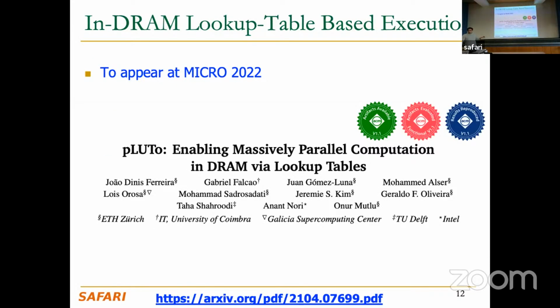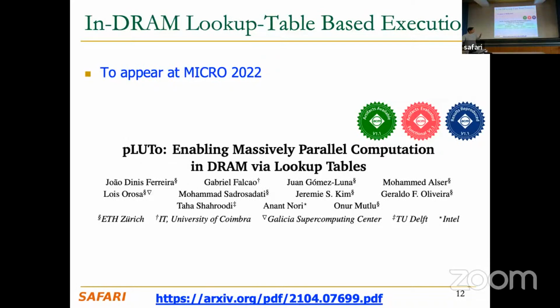Other works that I briefly mentioned yesterday: this one, pLUTo, presented this week at MICRO, enables massively parallel computation in DRAM using lookup tables. It requires some more modifications of the DRAM subarray, basically because you have to check indices to make sure that you are accessing the right elements in the lookup tables.